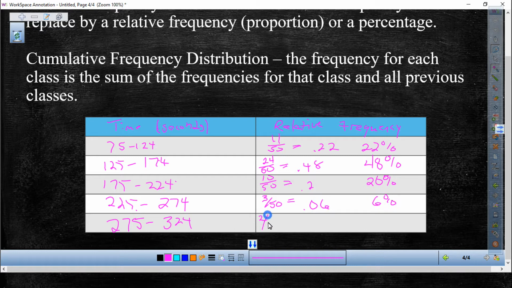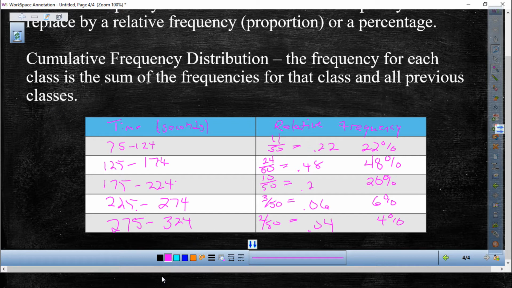And then we had 2 divided by 50. 2 divided by 50 gives us 0.04, or 4%. Okay? So that's that. That's relative frequency.